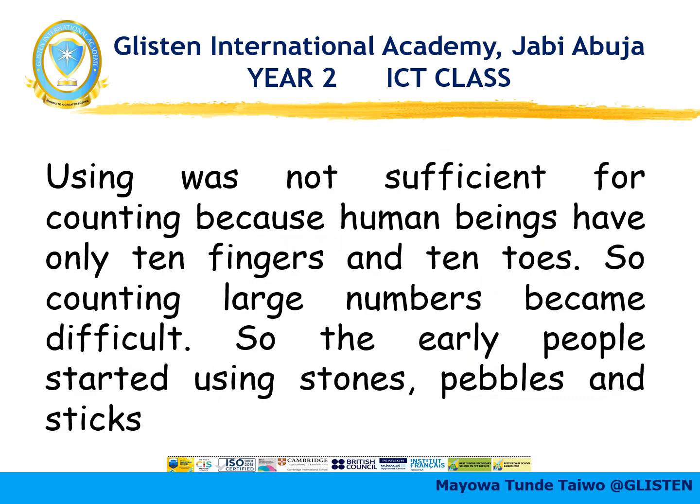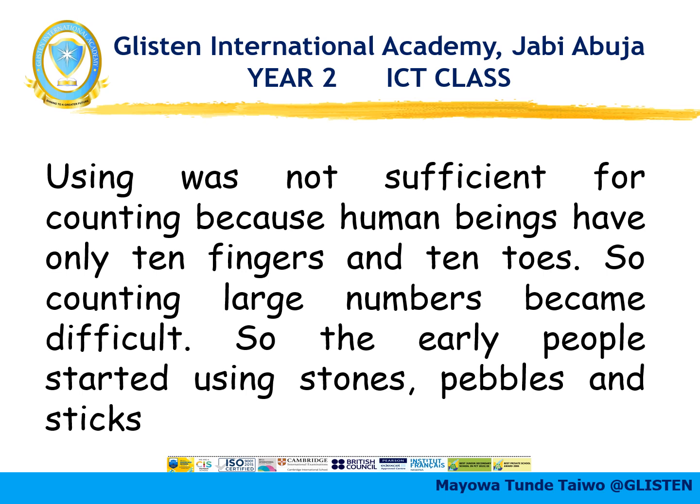Using those things was not sufficient for counting because human beings have only 10 fingers and 10 toes. So counting large numbers became difficult for the people. So the early people started using stones, pebbles, and sticks.